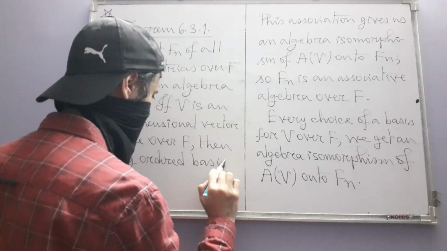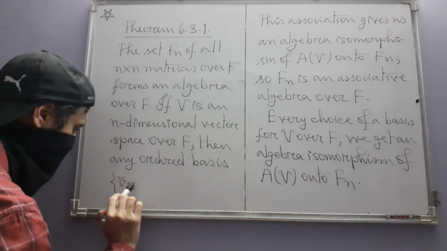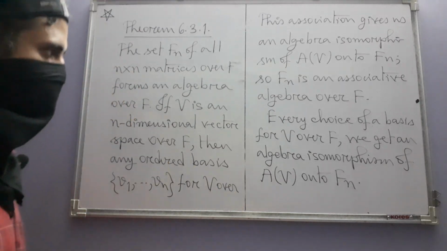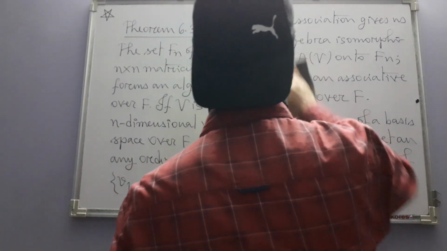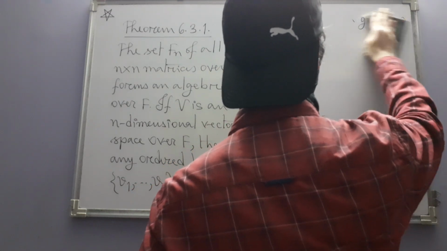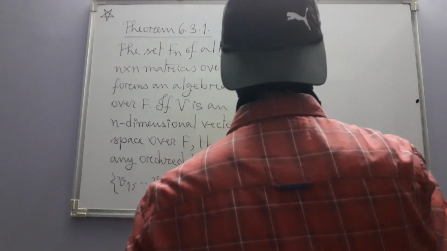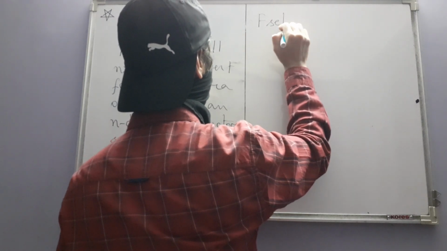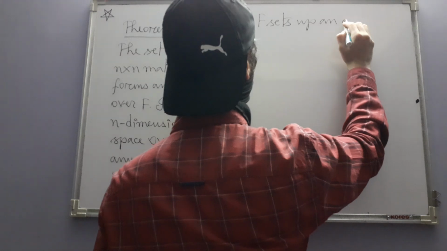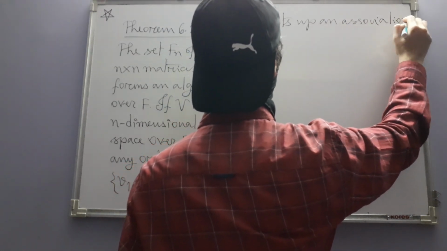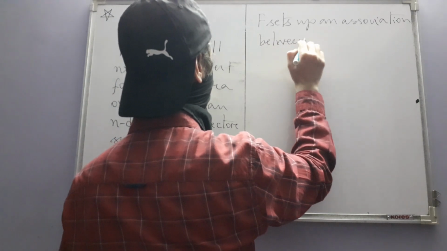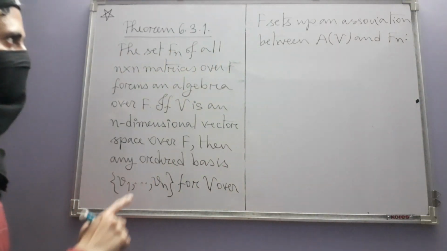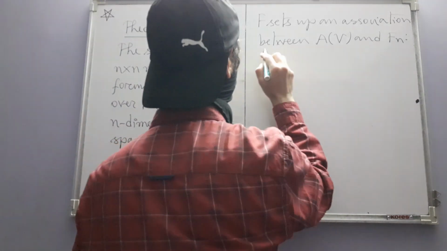Any ordered basis for V over F sets up an association between A of V and Fn, or rather I should have said sets up the following association, but you understand what I am talking about.